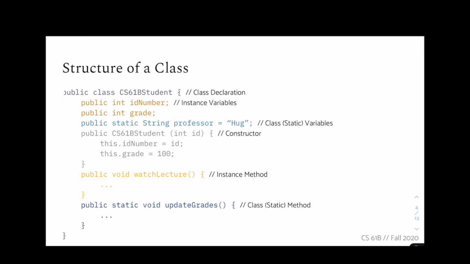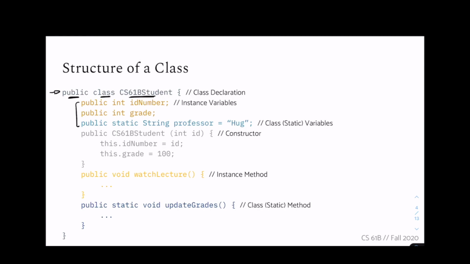This first line here is called the class declaration. Here it tells you the name of the class, in this case, CS61B student, the fact that it is a class, and some more information that we'll go over next week. Underneath that, these three lines are properties of the class, or variables.